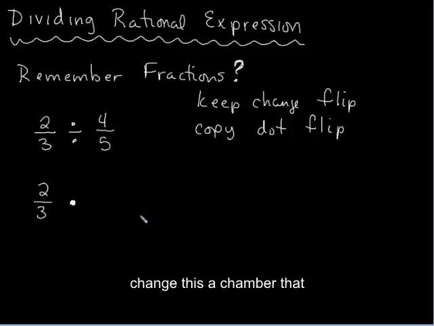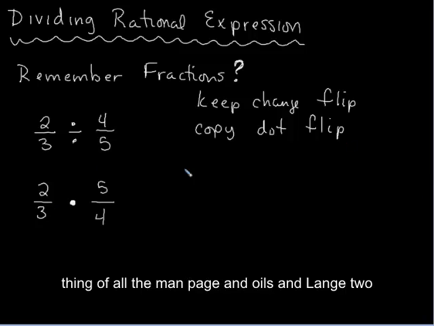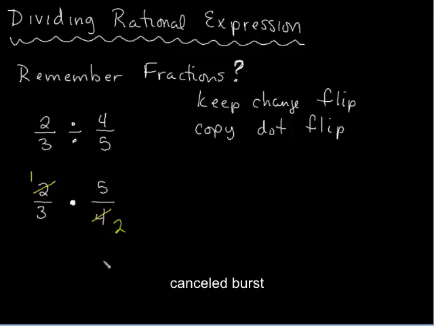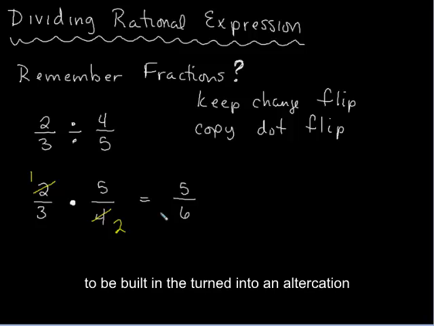Change this, so change or dot, and then flip that. Then you follow the multiplication rules. I like to cancel first, and then you multiply and you're done. Same thing with rational expressions. We're going to have the division, we're going to turn it into a multiplication, and then we follow the same rules that we just did with multiplication.